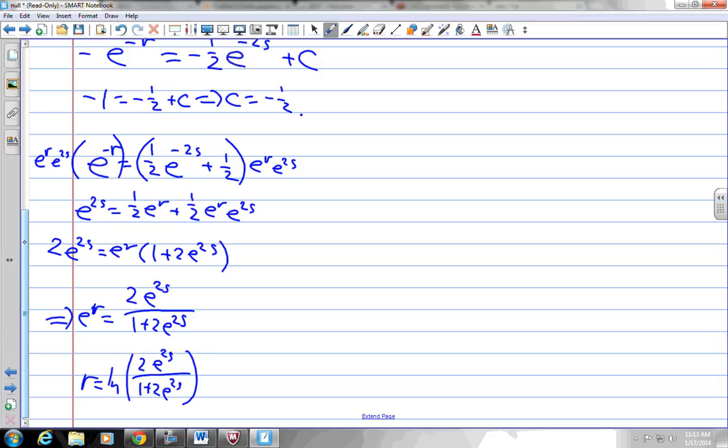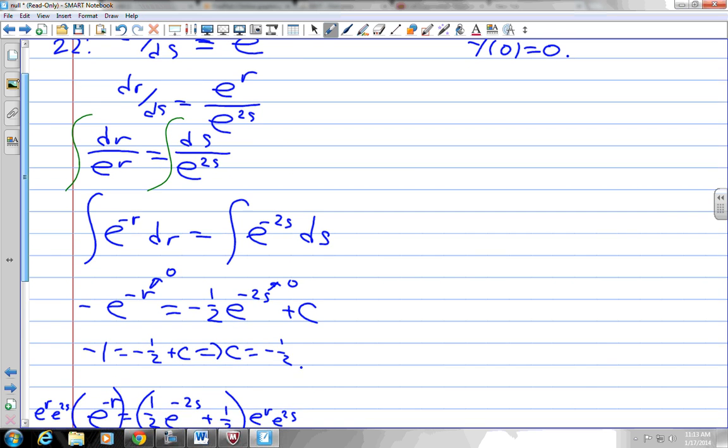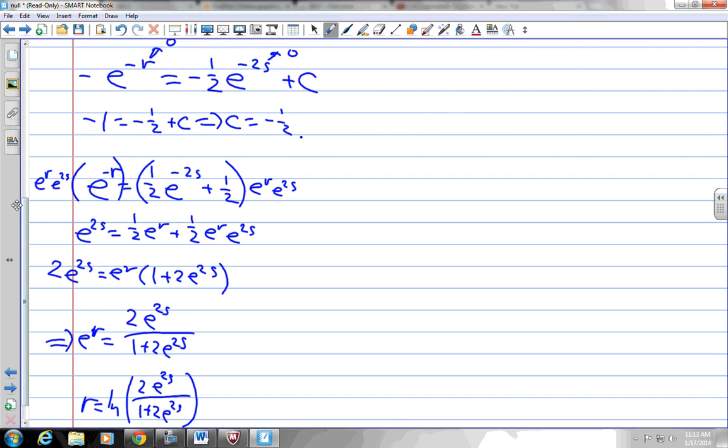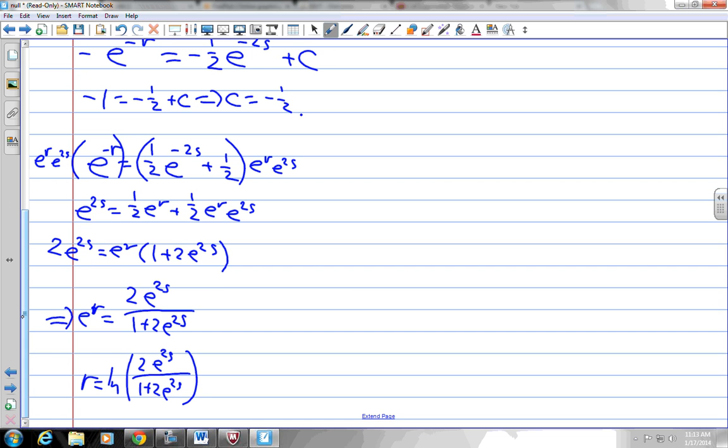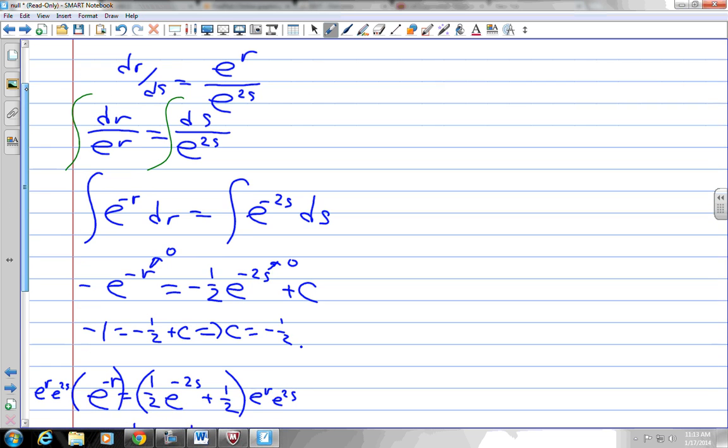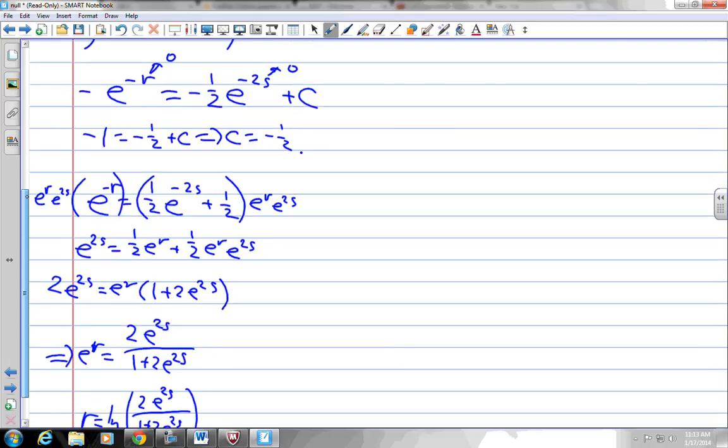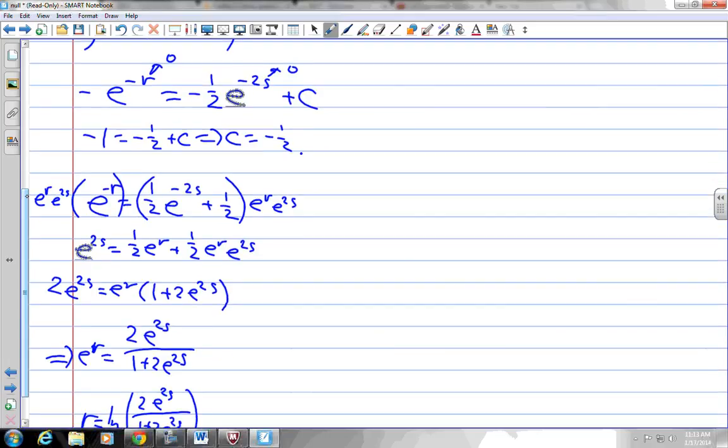You can just take natural log of both sides and divide by negative, so you'll get r by itself. It doesn't have to be in this very form. But again, the most important part is to get to this point, just doing the separation of variables, integrating, having fun with that. Does that make sense?